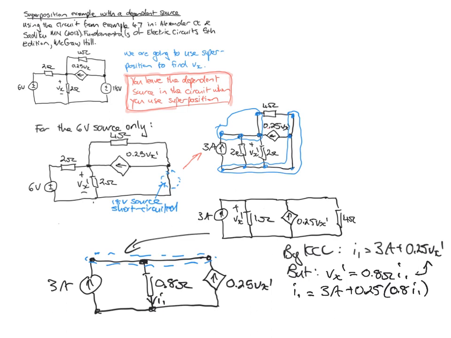And if we work that out, it gives us I1 equal to 3.75 amps, and therefore Vx dashed is equal to 3 volts.